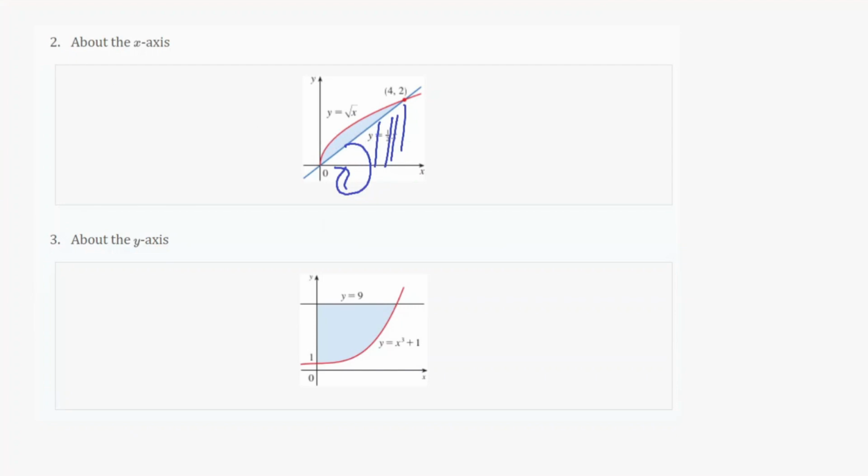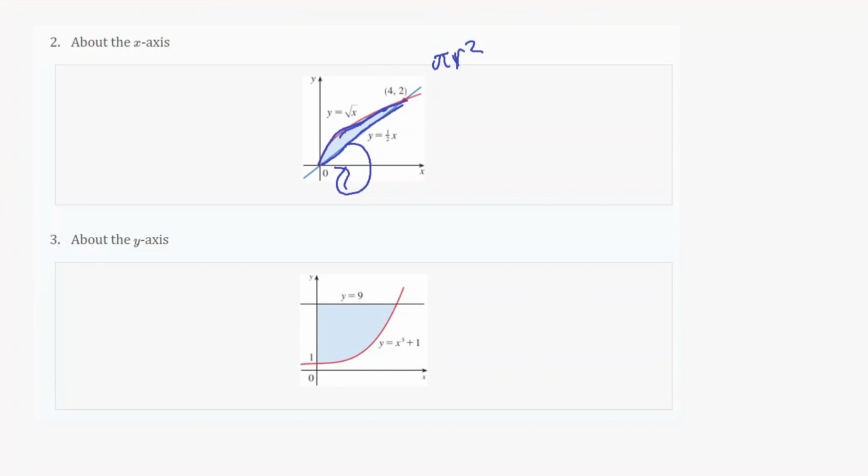Now we're given two equations, so we could still use the pi r squared rule, except this time it's going to be a washer method. What we could do is find the area under the graph of the large equation, then find the area under the graph of the smaller one, and subtract it from the larger one, which would give us this little area about the x-axis.